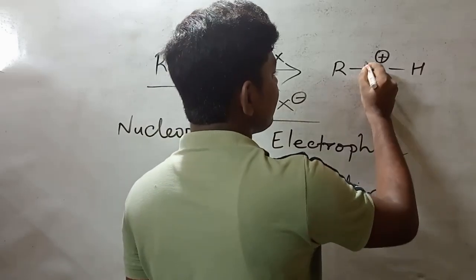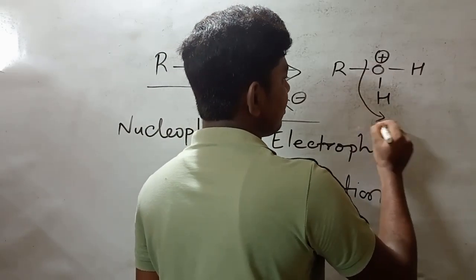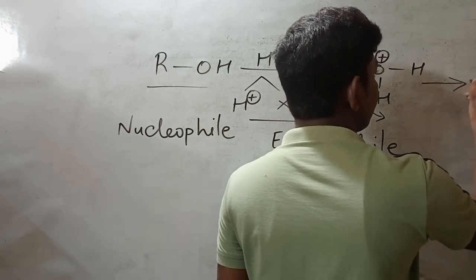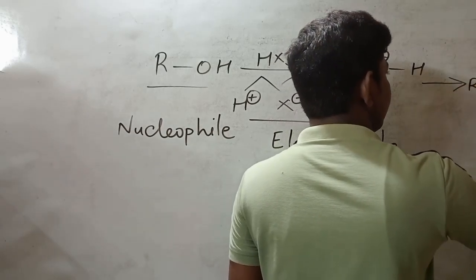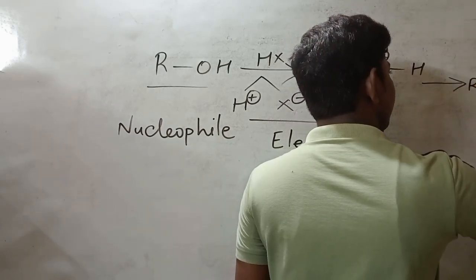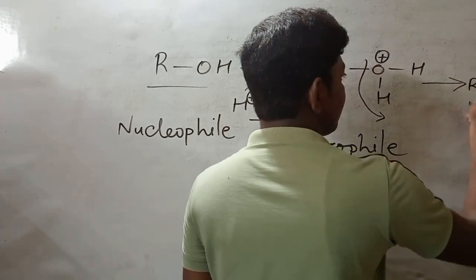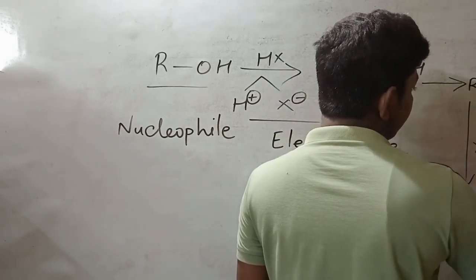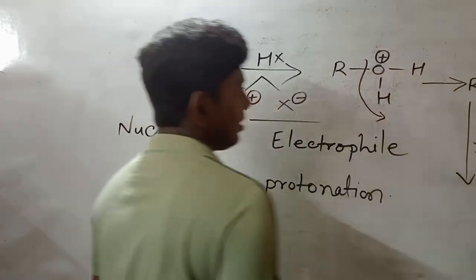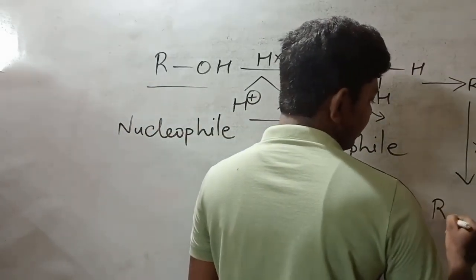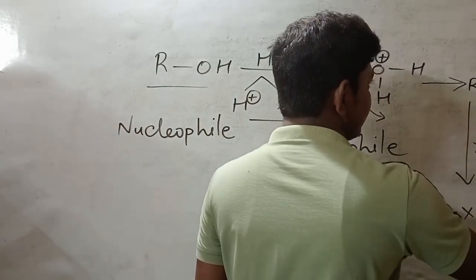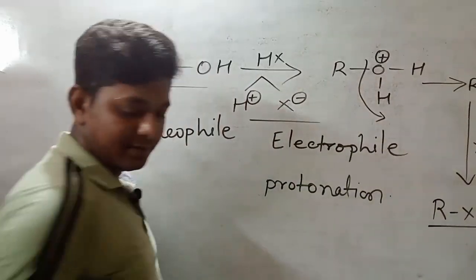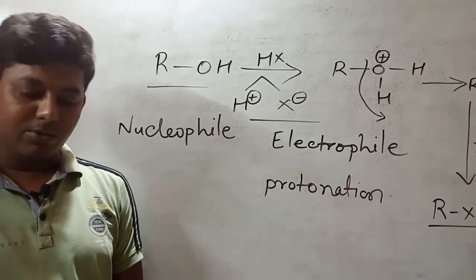So oxygen is unstable after removal of this R positive and water molecules. Then after, the halogen atoms react on the alkyl atoms. So they form RX.